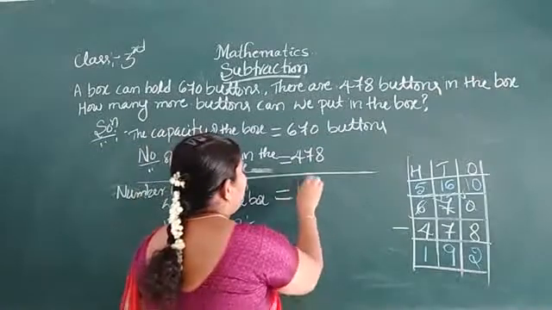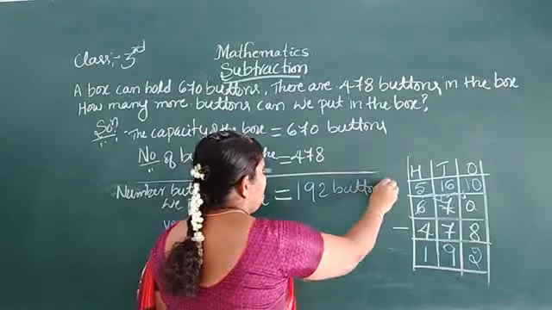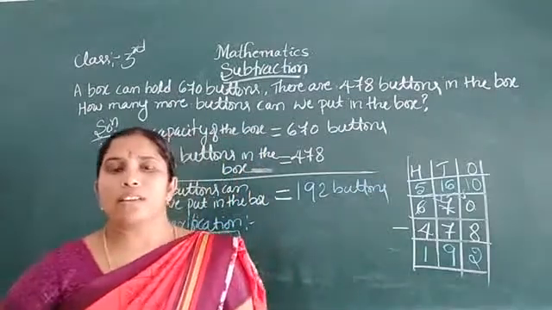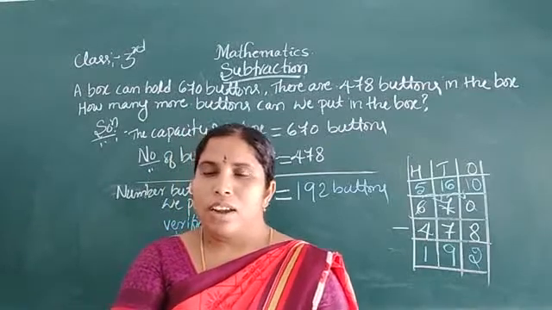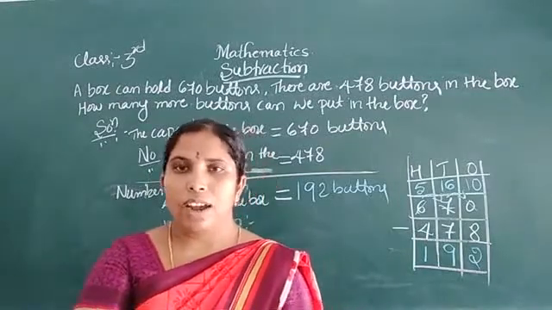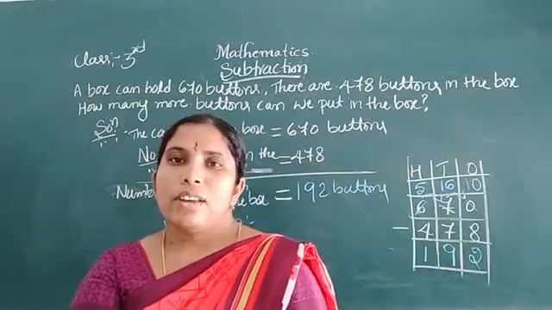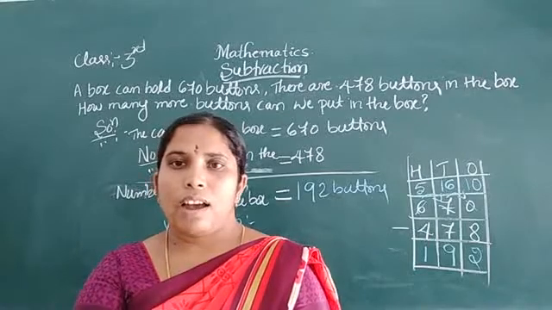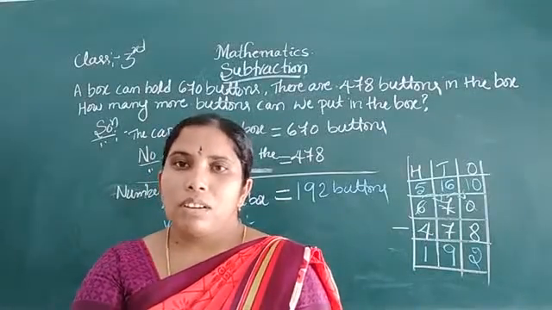So our answer is correct. We can put 192 buttons in the box. Are you understand, students? Any doubt in this? In this class we have learned some more word problems.